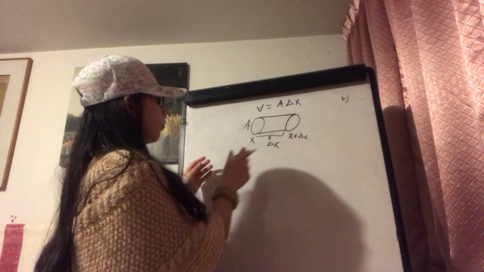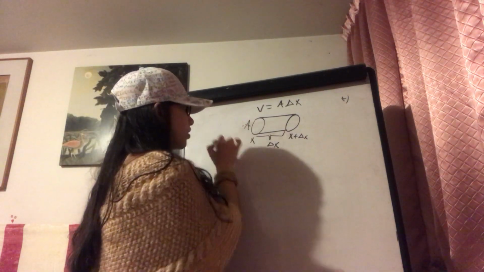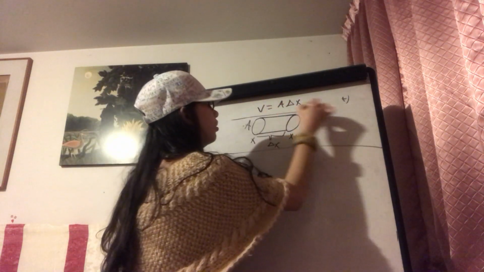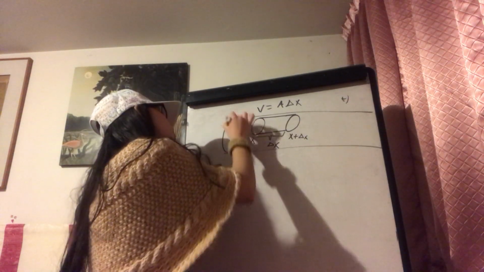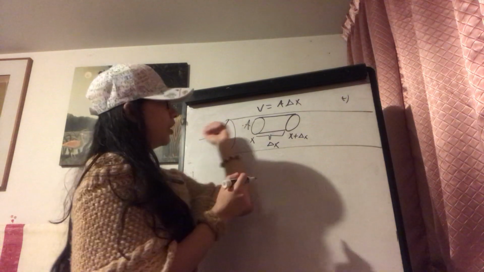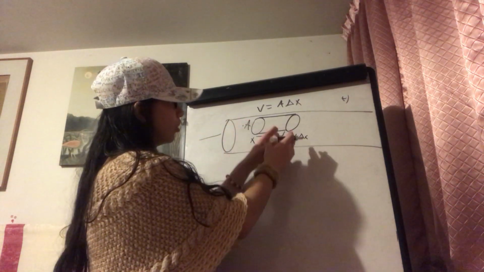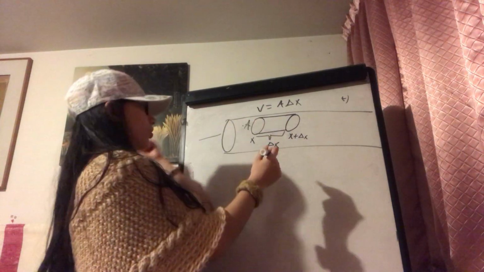If we now produce, let's say here we are on a piston, or on a tube, this is my piston, and I'm talking about this volume. If I compress here, it will move.